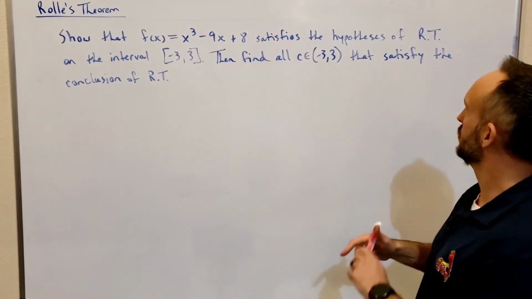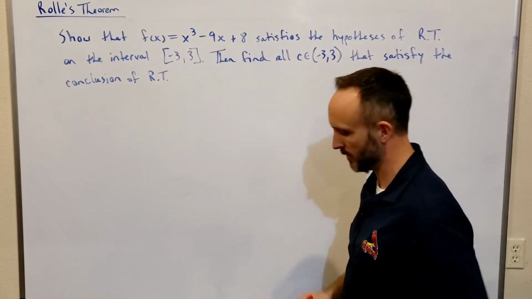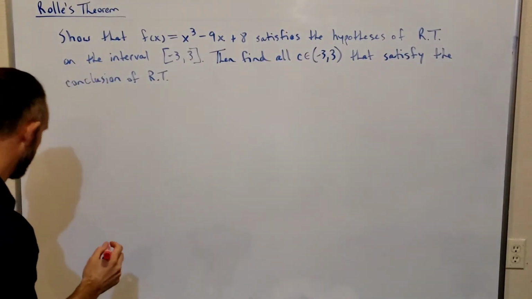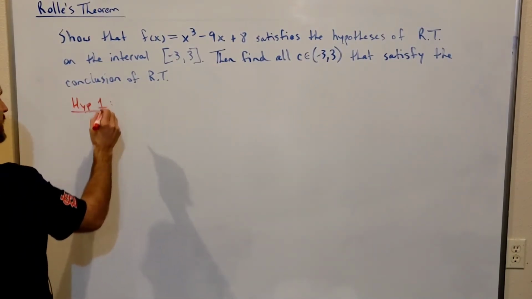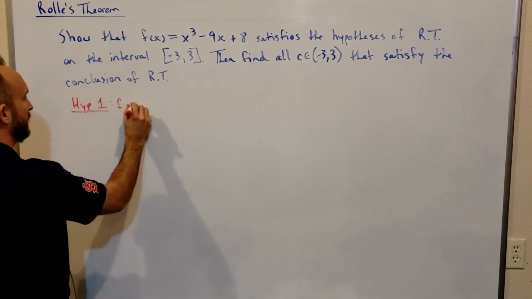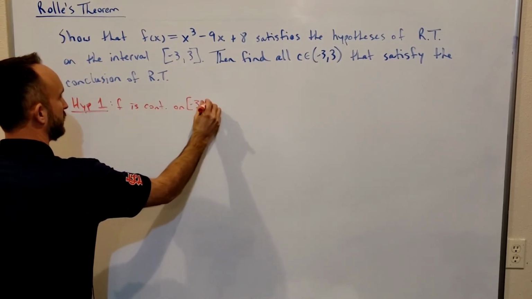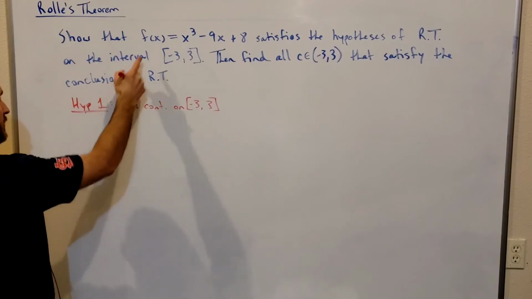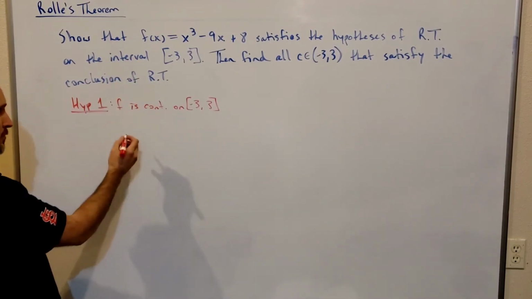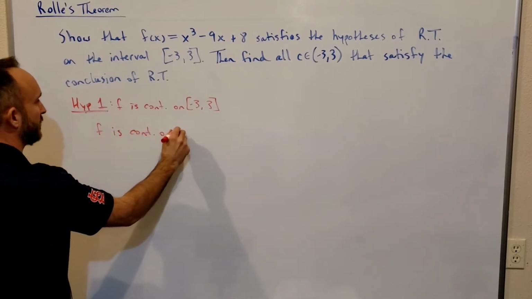But all right, so let's do the first part. Let's show that this function satisfies the hypotheses of Rolle's theorem on this interval. So the first hypothesis, hypothesis 1, says that f is continuous on the closed interval. Well, we have to show that that's true. This function f of x is continuous on its domain because it's a polynomial.